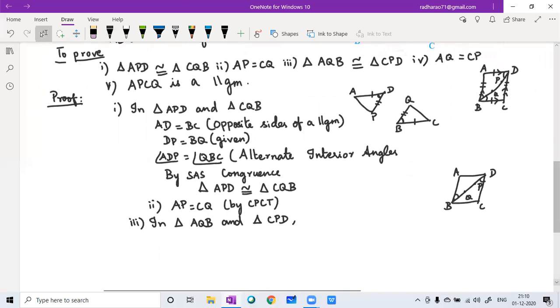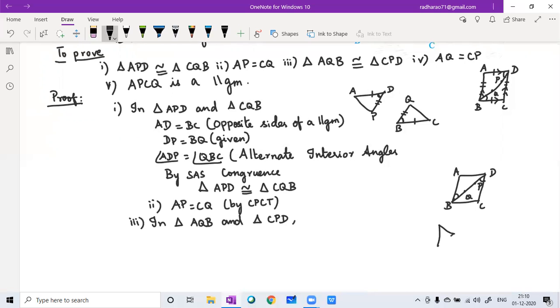So let us take those two triangles, AQB and CPD. Here you know angle ABQ is equal to angle PDC, alternate interior angles.